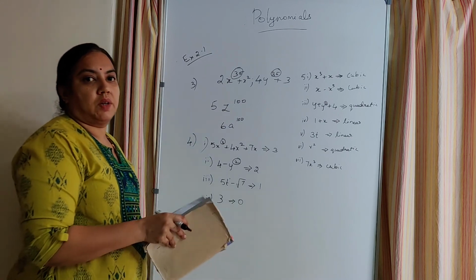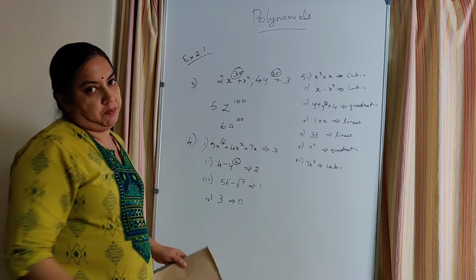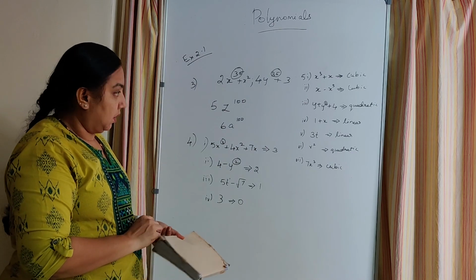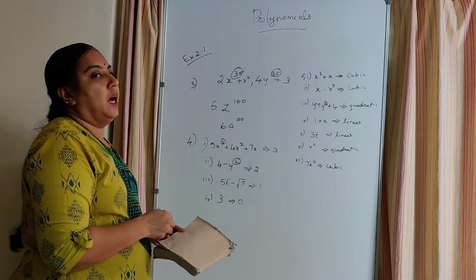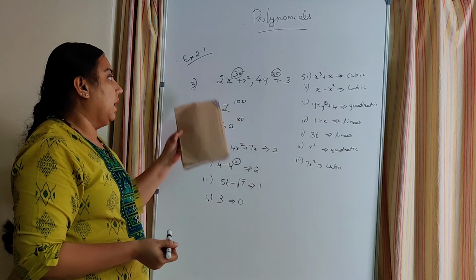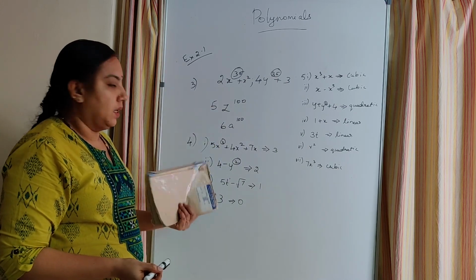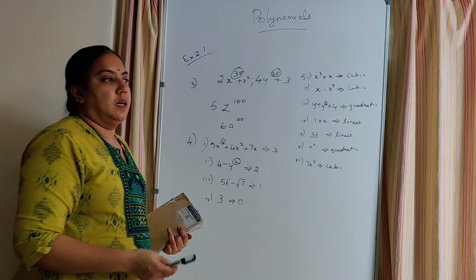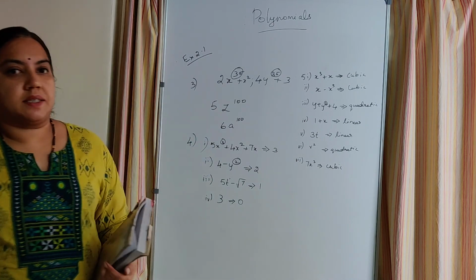With this, you would have understood what is called a polynomial, how they are different, linear, quadratic and cubic, and what is the degree of a polynomial. These are the basics of any polynomial. With that, we have finished the first exercise.